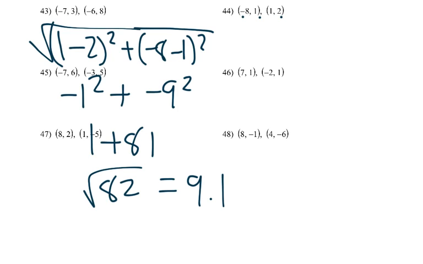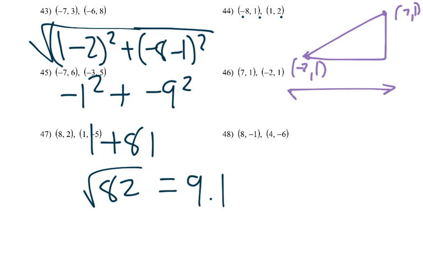Okay. The other way you could do it is realizing that these points would form a triangle. We could kind of do this same process but separated. We could say, well, this would be like 7, 1. This would be like negative 2, 1. Okay, which actually would be a horizontal line, wouldn't it?